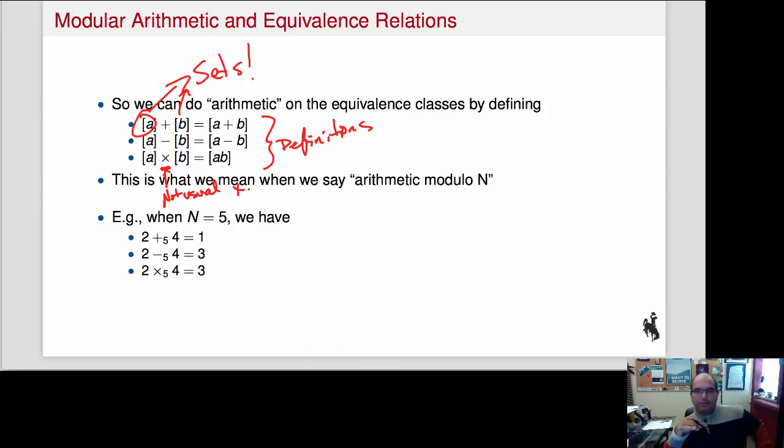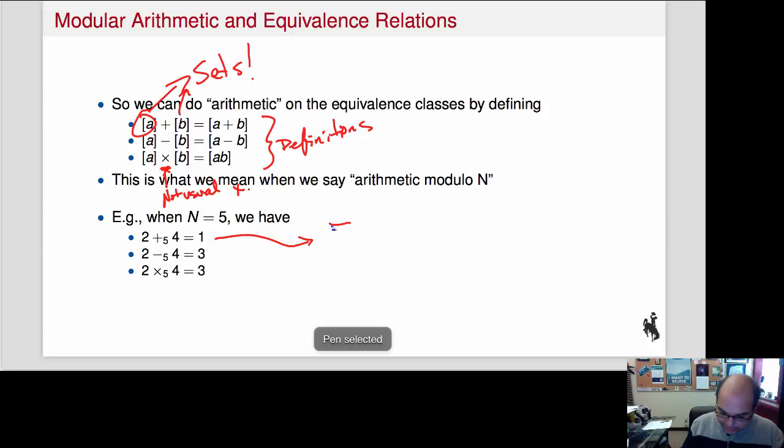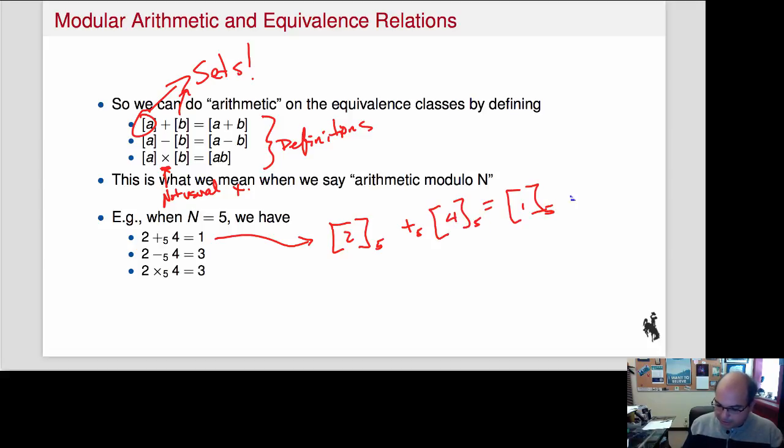So for example, when n is equal to 5, then 2 plus 4, and I put the subscript 5 on that plus to remind us that it isn't the same operation, because in fact 2 is not the number 2, it's the set of 2, right? This is the same as saying the equivalence class of 2 with respect to 5, plus with respect to 5, the equivalence class of 4 with respect to 5, is equal to the equivalence class of 1 with respect to 5.